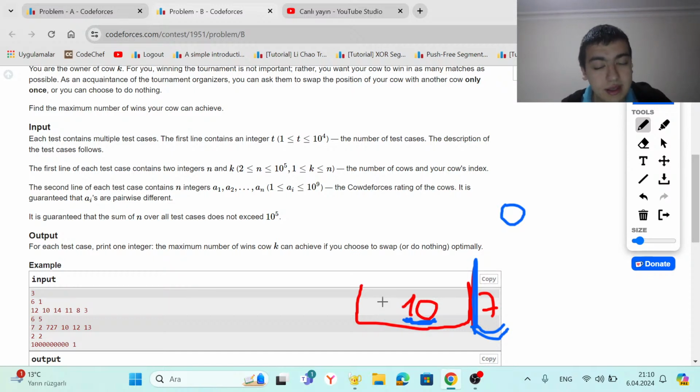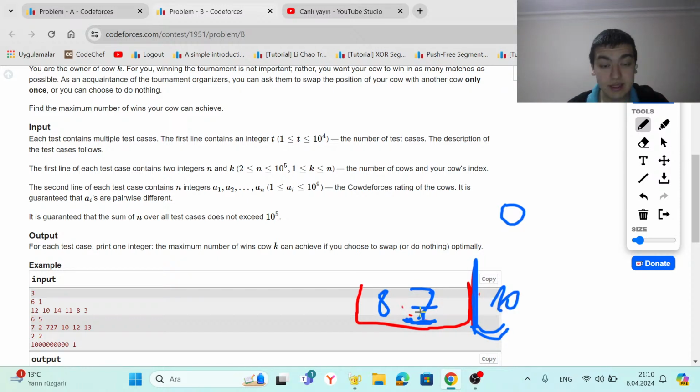Also, let's say we have two numbers that are greater than us on our left. We should swap with the leftmost one, because if we swap our 7 with this 10, we still have a number that is greater than us on our left. Let's say we have swapped 7 and 10.